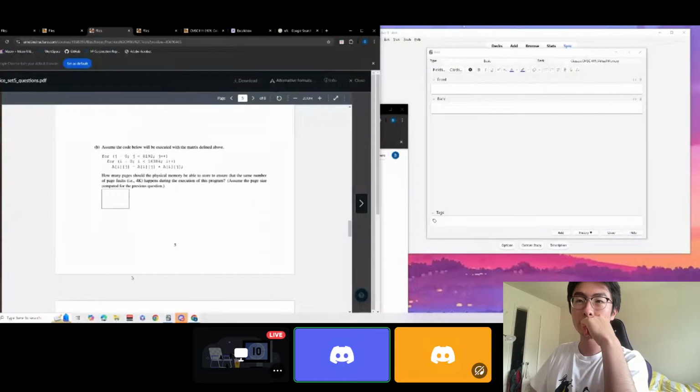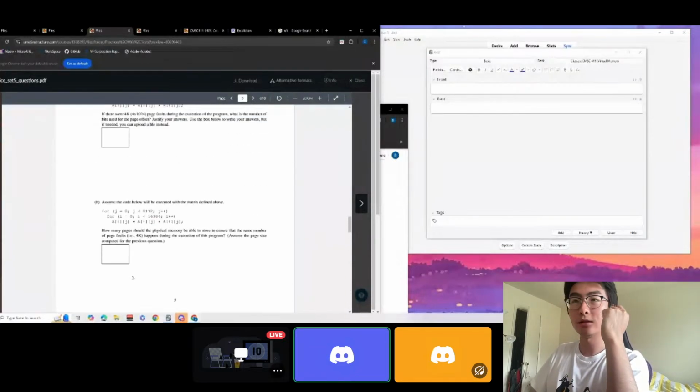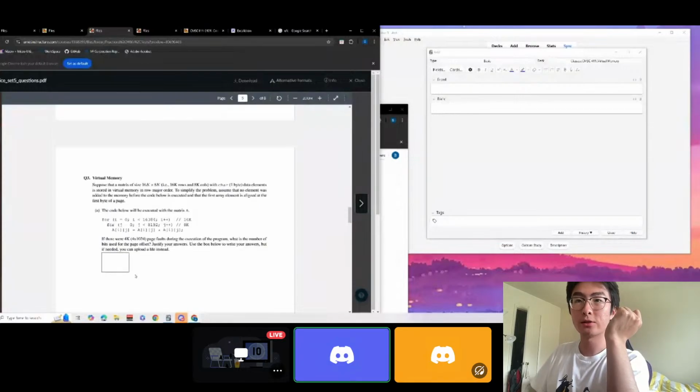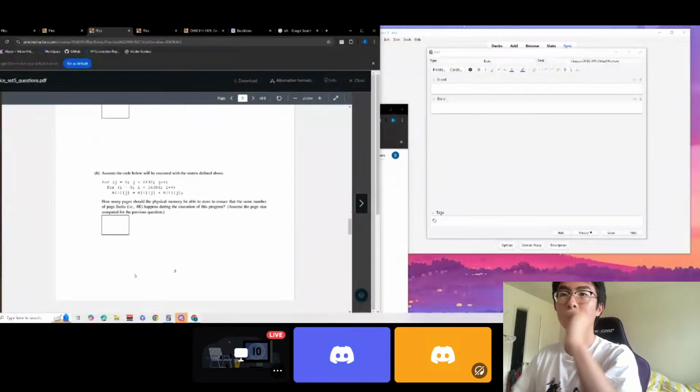How many pages? This is actually decently long. All right. I think I should probably check my work soon after this question. Let's see if we're on the right track.